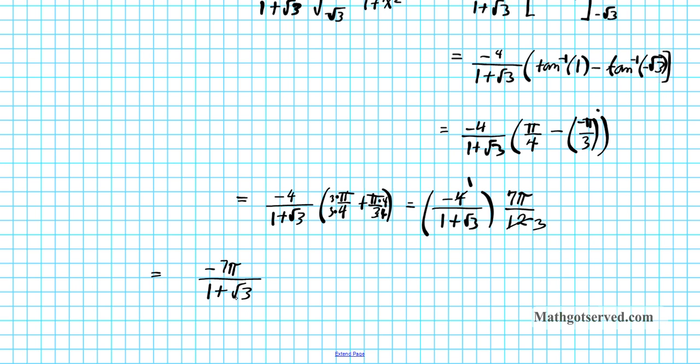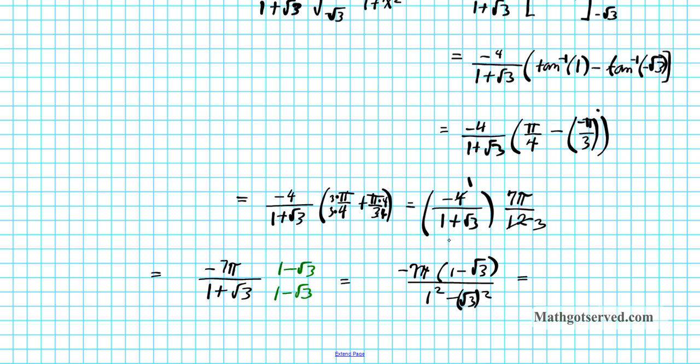So we're going to multiply by the conjugate of this radical right here, 1 minus root 3, top and bottom. In the numerator, we'll simply have negative 7 pi times 1 minus root 3. And in the denominator, this is a difference of squares in factored form. So if we multiply together, we just have 1 squared minus root 3 squared.